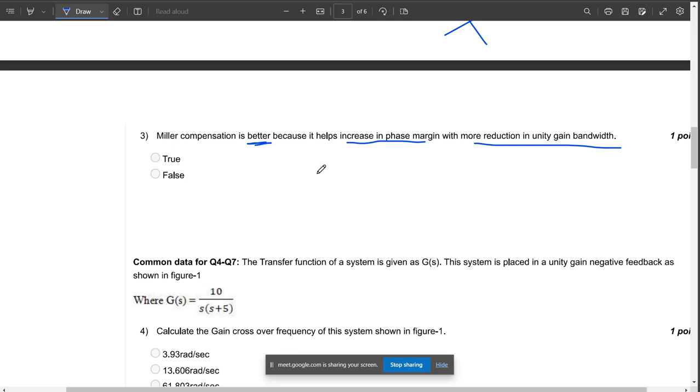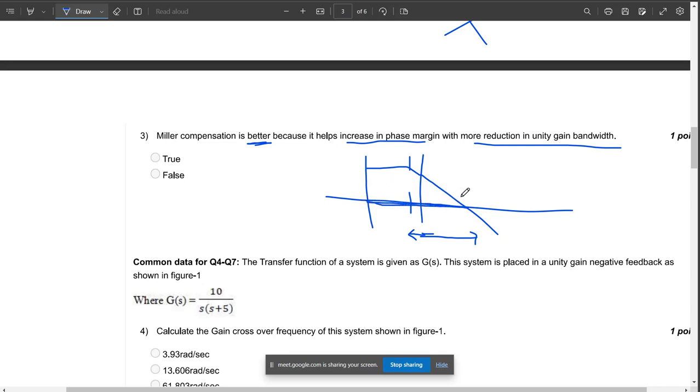So compensation happens, and it increases the phase margin in total, but it has a reduction in unity gain bandwidth. So it is saying that with the Miller compensation, unity gain bandwidth reduces and the phase margin increases. So is this statement true or false?